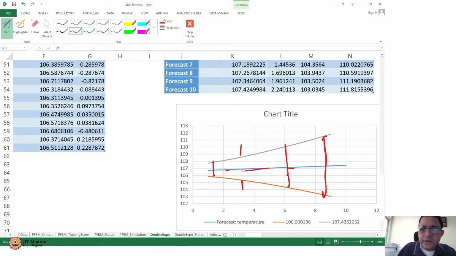This is called the fan model, like a tunnel or a fan, where the values are actually increasing. So this is what is predicted from a double exponential model by the analytic solver of Excel.